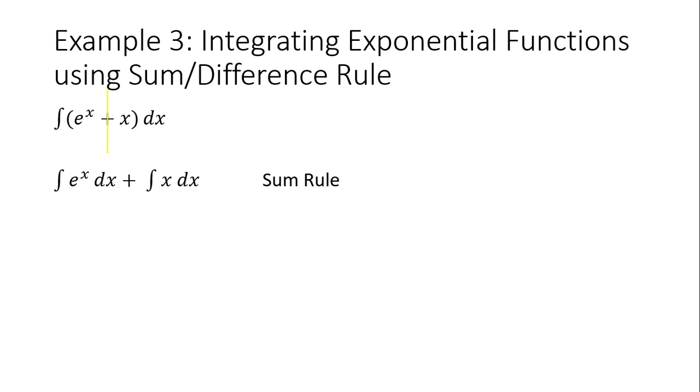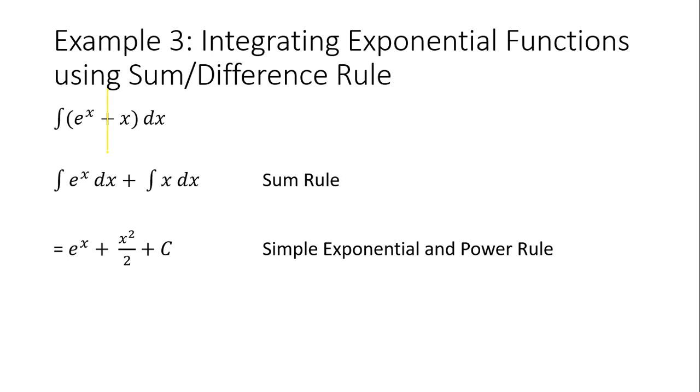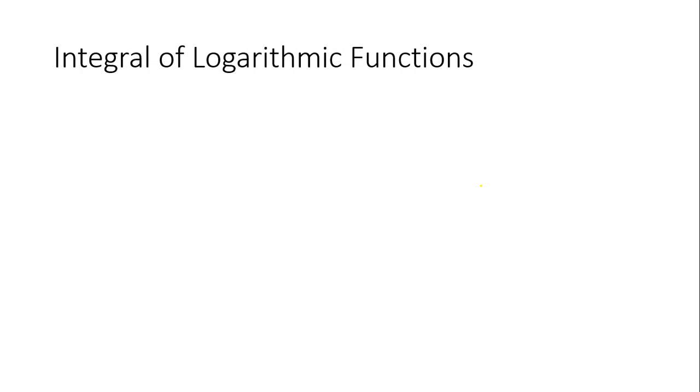That plus sign is telling me that I have two statements. Then I can use that simple exponential and that power rule. I have the integral of e to the x dx is equal to e to the x. And then the integral of x is x squared times 1/2, or divided by 2. And we always have to remember to put that plus c on the end.